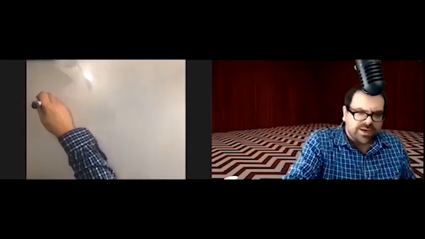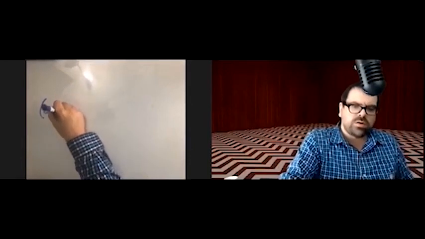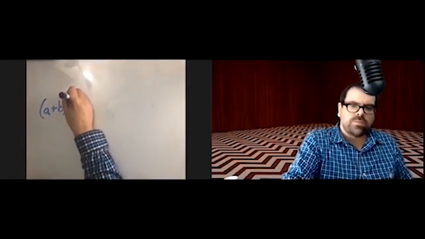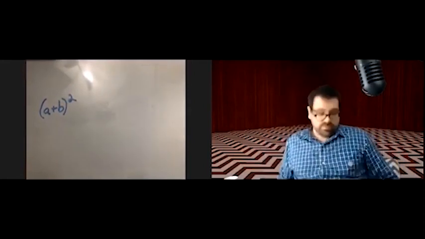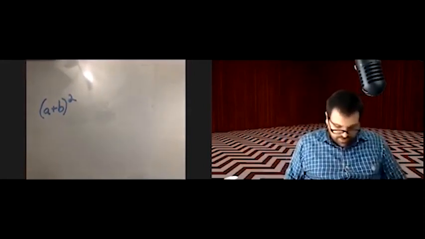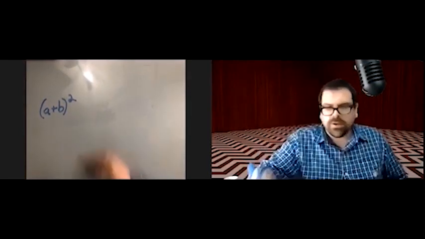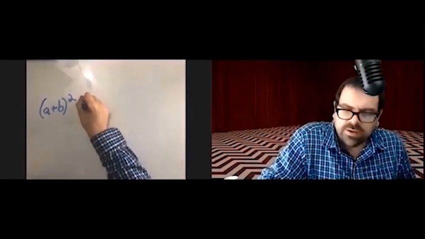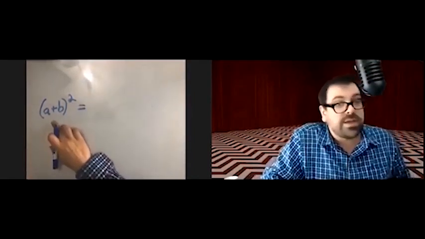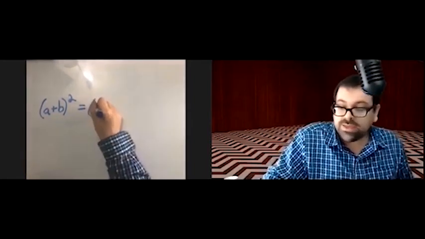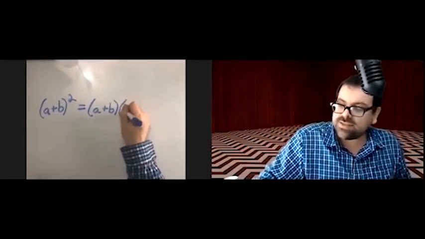Next, I want to talk about what happens when we square a binomial. Well, keep in mind that when we square something, it means multiply it times itself.